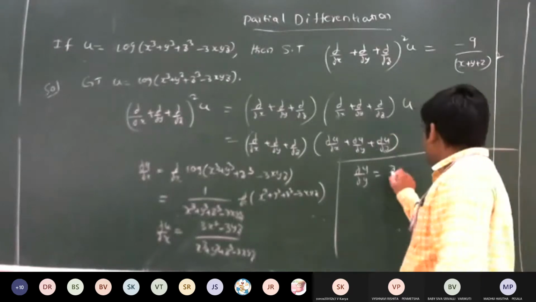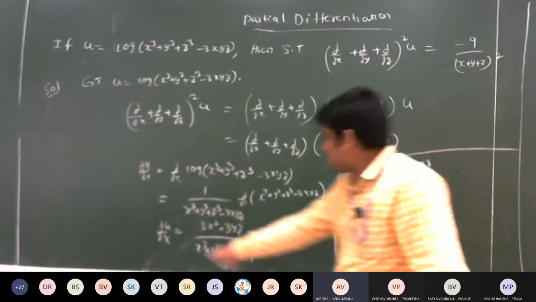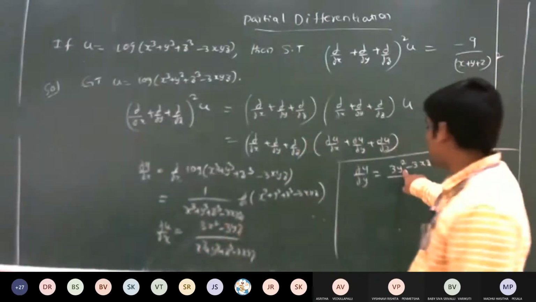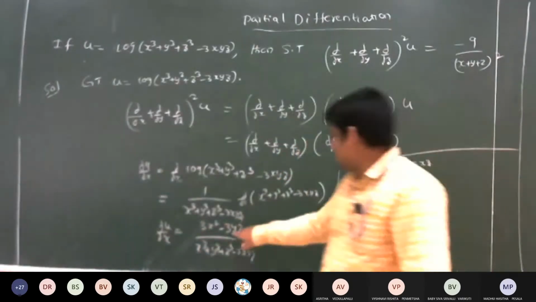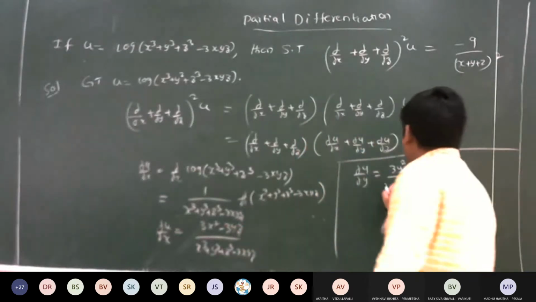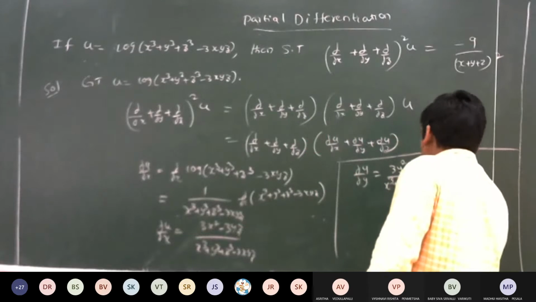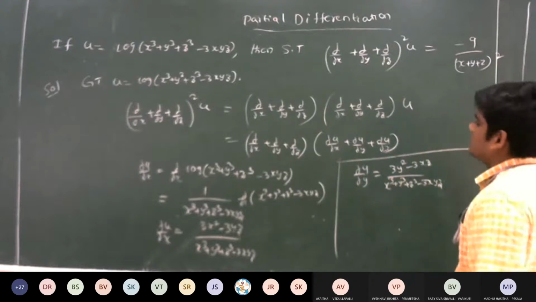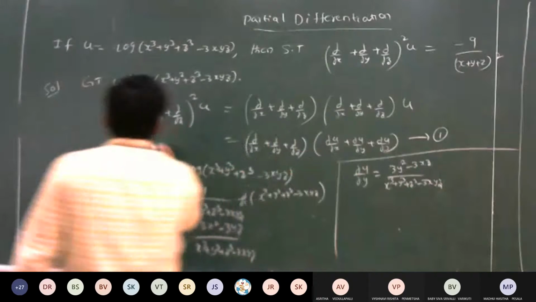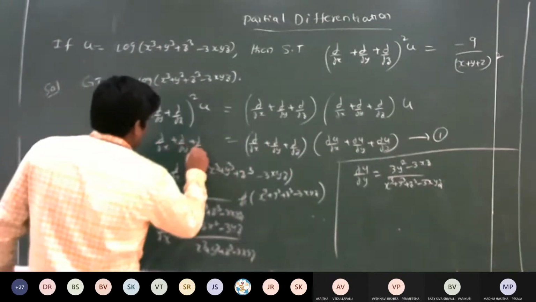Anyone? (3y square minus 3xz) by (x cube plus y cube plus z cube minus 3xyz). Observe that here we were differentiating with respect to x, so we got x square. Similarly here y square, but z cube is independent of y. The denominator is the same. Call it equation number 1, for our simplicity.